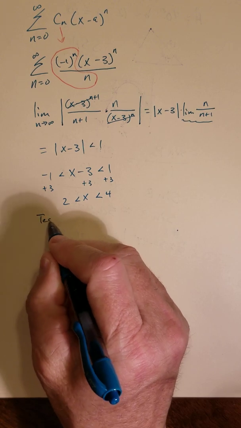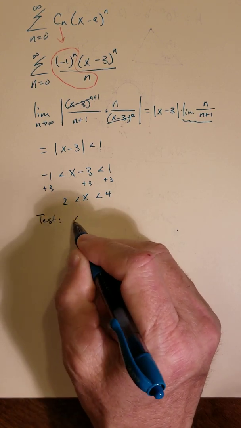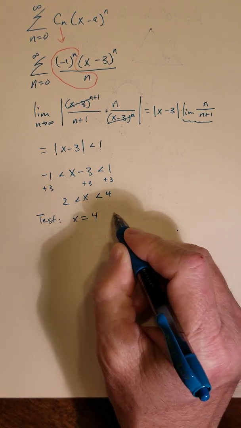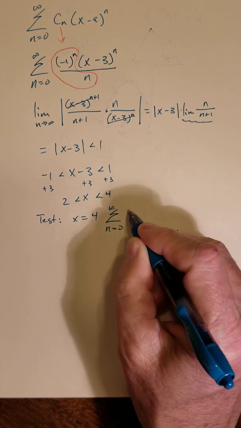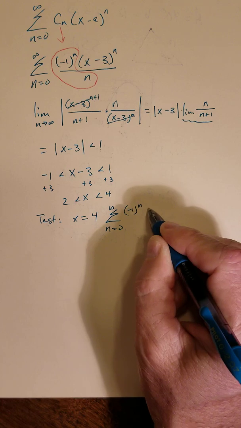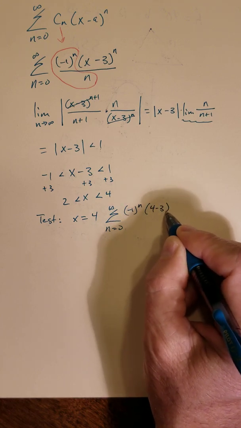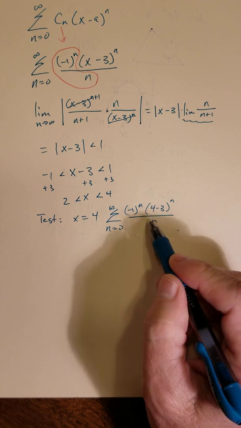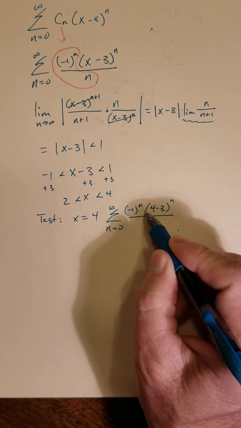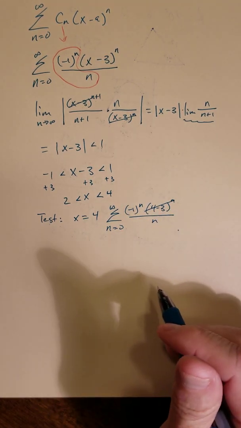So we're going to test it, and we're going to say x equals 4. So I'm actually going to plug in x equals 4 into the series. So I get (-1)^n times (4 minus 3)^n over n. Now 4 minus 3 to the n is just 1, and 1 to the n is just 1, so that's basically 1.